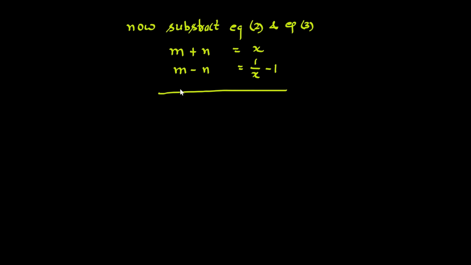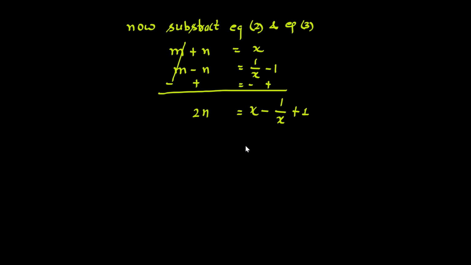For subtraction, we have to change the sign. It will be like this. These two m will be cancelled. Here it will be 2n is equal to x − 1/x + 1.